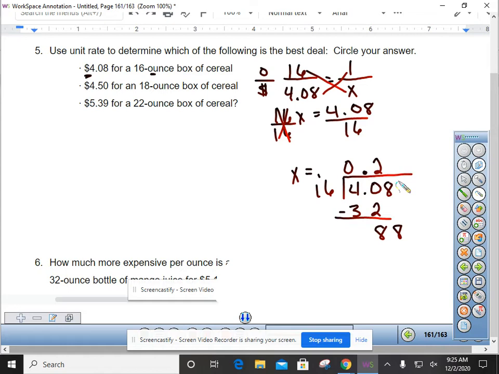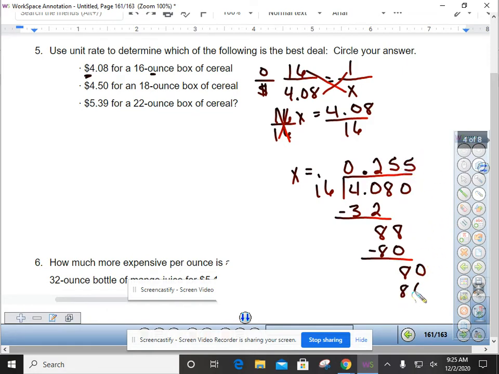Is 7 right? Who said 7? No. I think it's 5. It's going to add a 0, and 16 into 80 is 5. So the first one, we'll call this A, is 0.255.